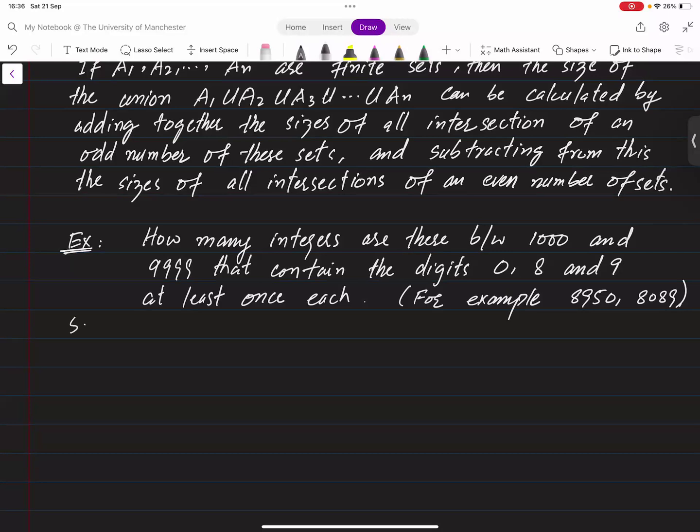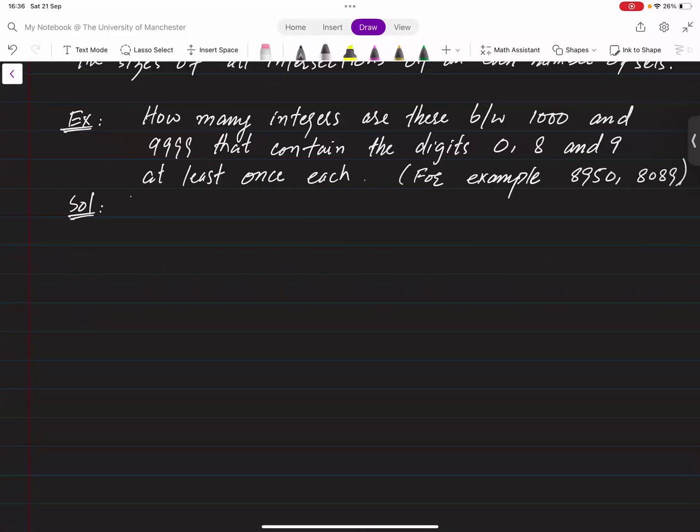So, solution. Say that S is a set which is 1000, 1001 up to 9999.